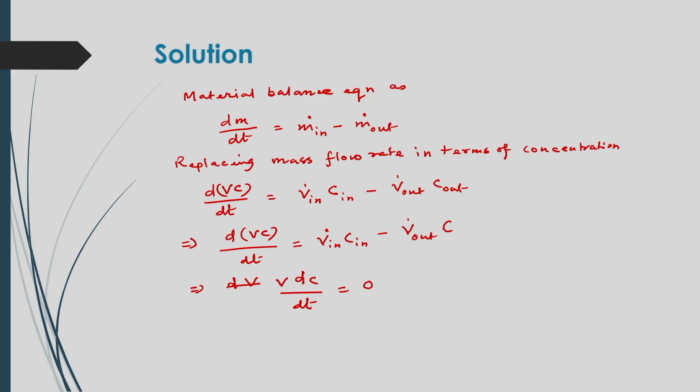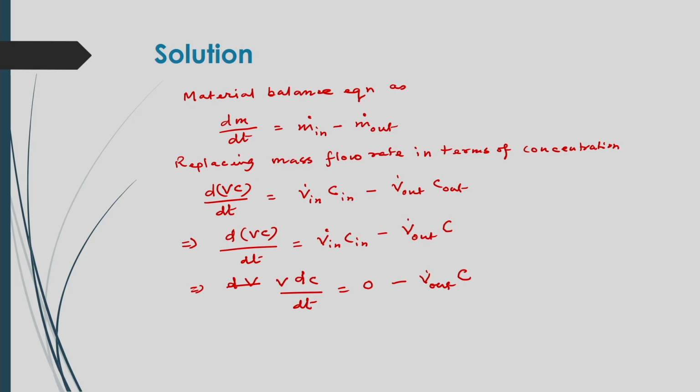So, we can write 0 minus V dot out, that is at a certain flow rate given there, 40,000 liter per hour, and in this case we can say that this C will be C at that outlet condition.